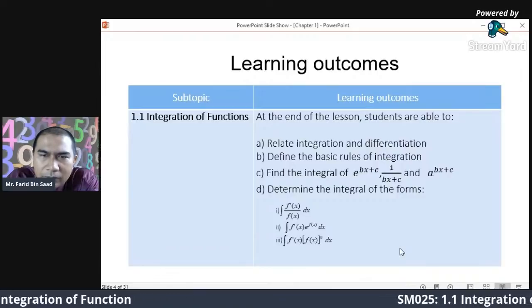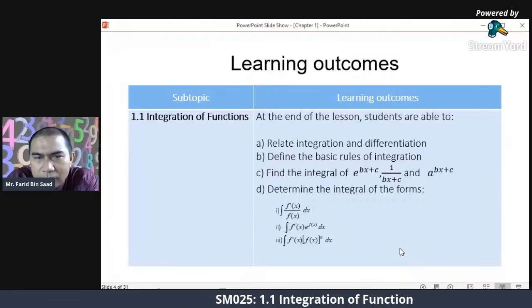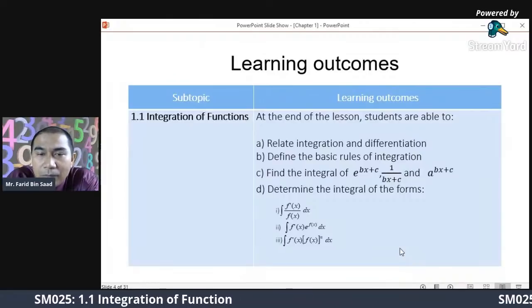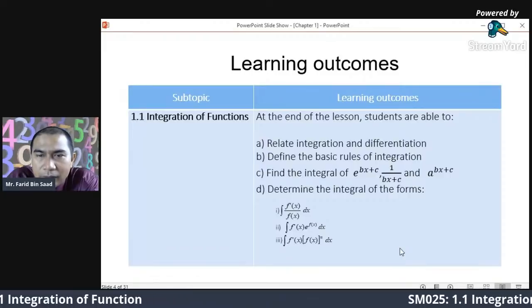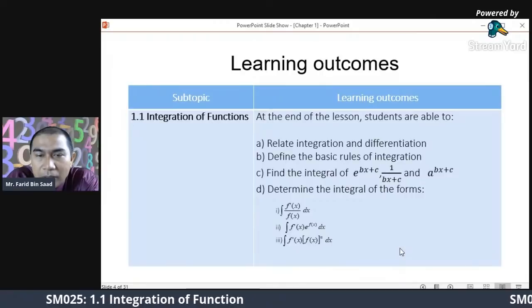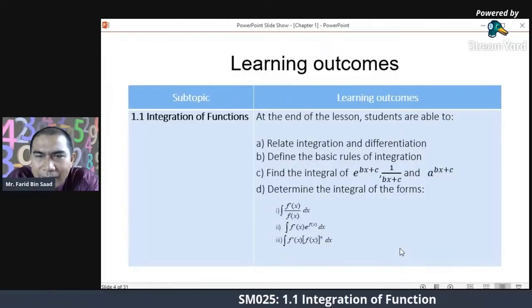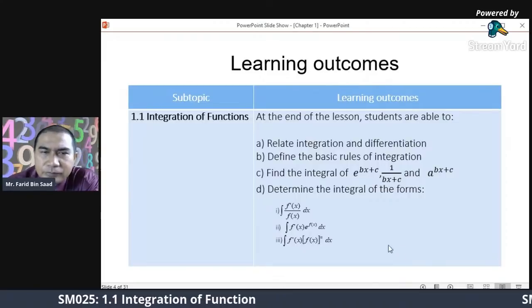And D, determine the integral of the forms: first, the integral of f prime x over fx dx; second, f prime x times e power of fx dx; and third, f prime x times fx power of n dx.